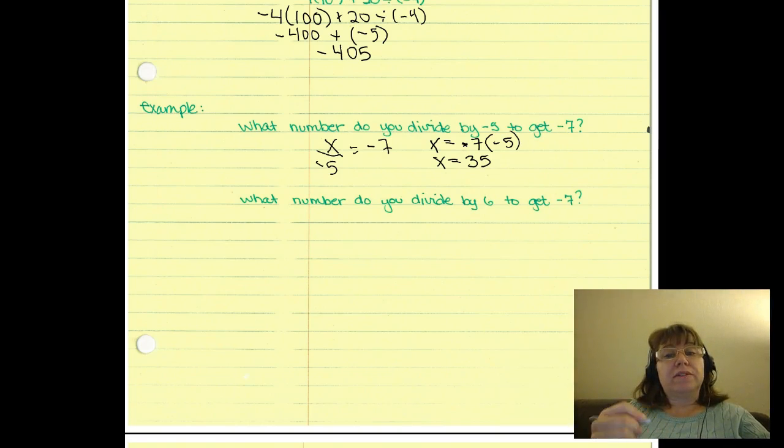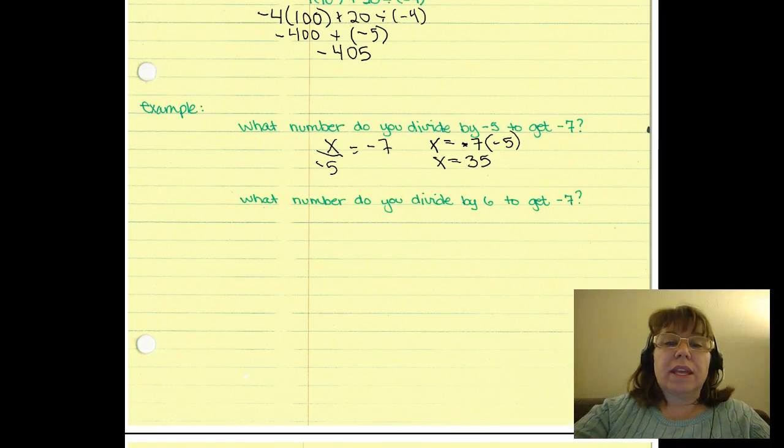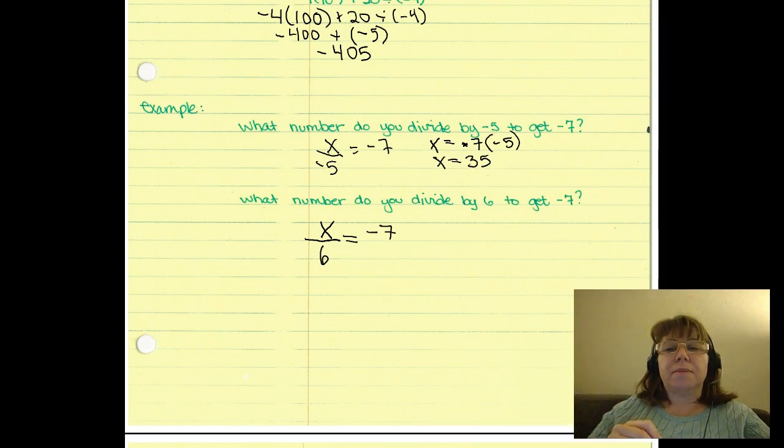What number do we divide by 6 to get negative 7? So again, my setup of the problem, I don't know what number, I divide by positive 6 equals negative 7.